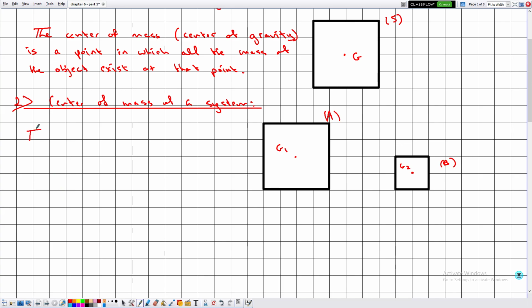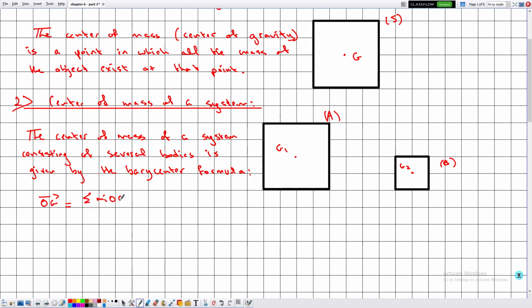Now the center of mass of a system consisting of several bodies is determined by the barycenter formula, which is given by the vector OG equal to the summation of mi OGi divided by the summation of mi.